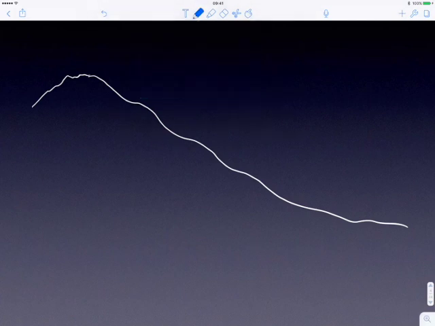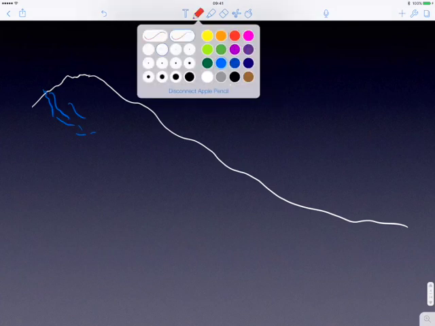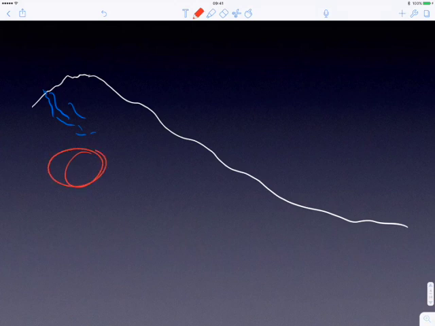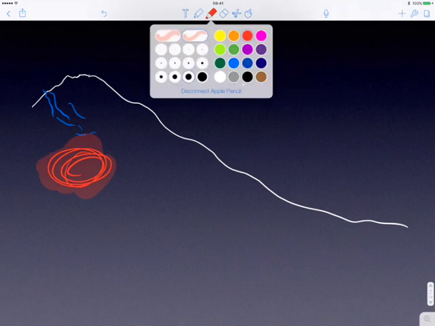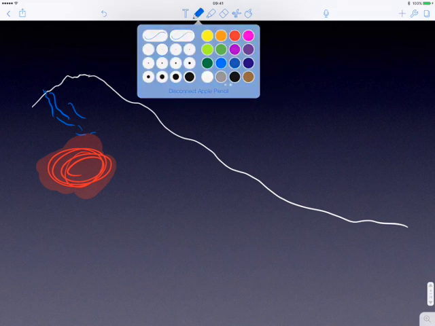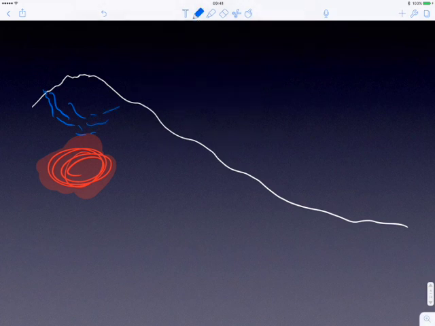And you have your water percolating, getting close to the magma chamber here. So this water will warm up and then will come out and form a spring.